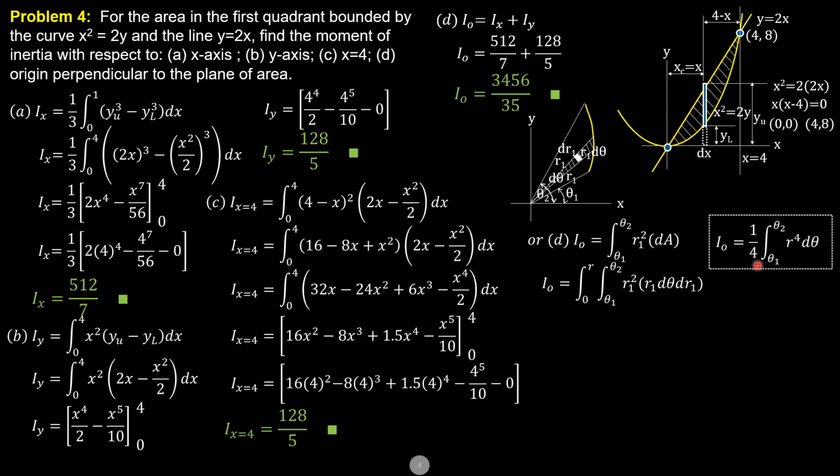So that's why you have here 1/4 integral of r to the fourth differential theta from theta 1 to theta 2. So this is the guide, the moment of inertia with respect to the origin, when the area we consider is this region bounded by polar curves.